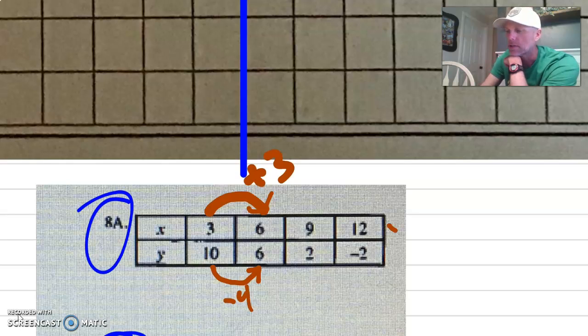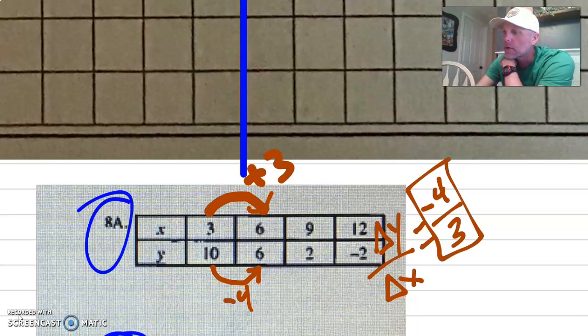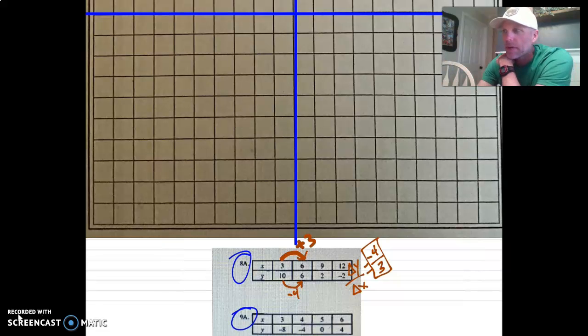So the change in y over the change in x. How is the y changing? Negative 4. How is the x changing? 3. Negative 4 thirds. Same thing as what we got up top.